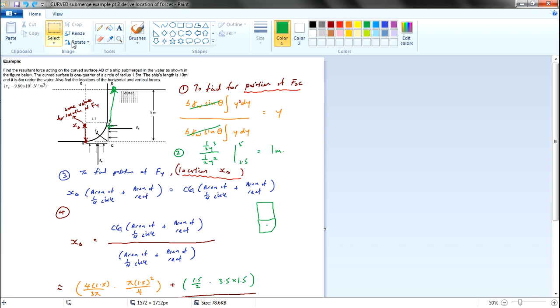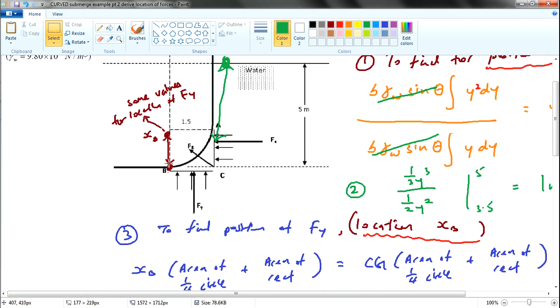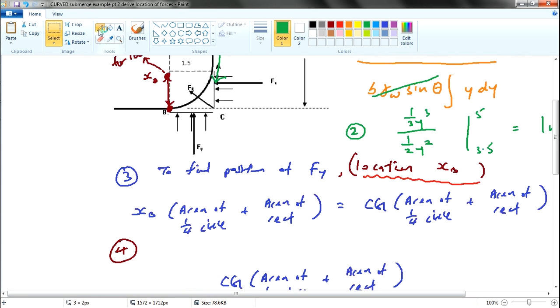And then for the position of y, it is referring from position B, from the depths of the water, because you are dealing with F equals P times area. This one is in terms of rho g h, and therefore when the h comes in, you're dealing with the depth of the water. I may be wrong.